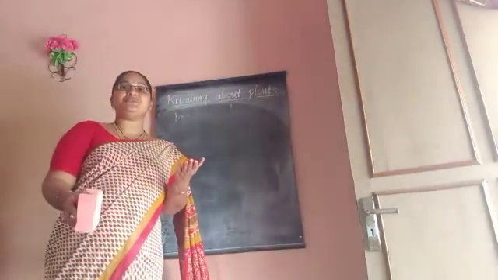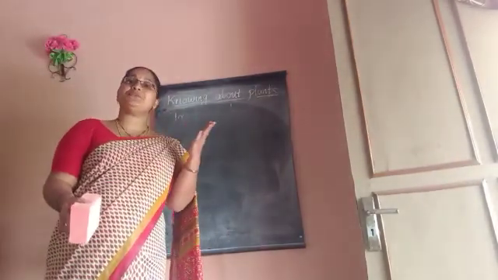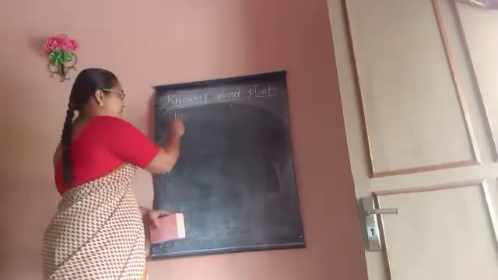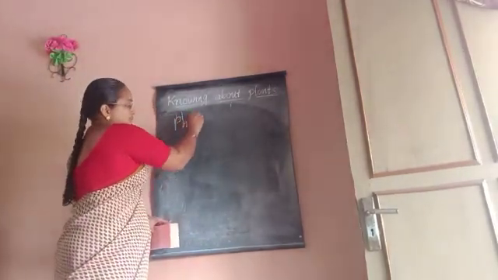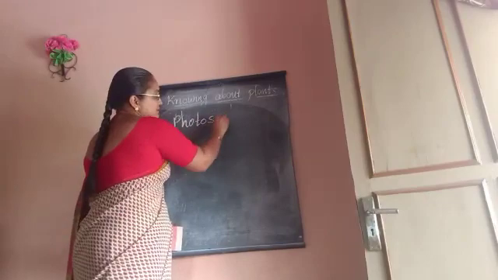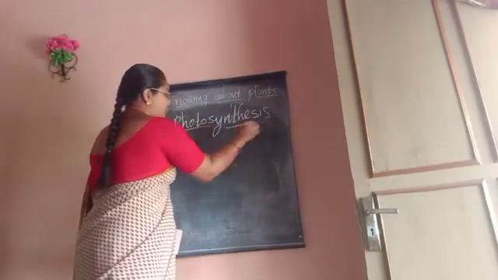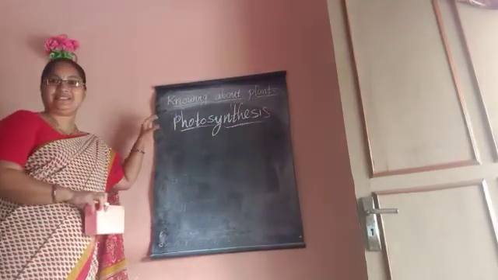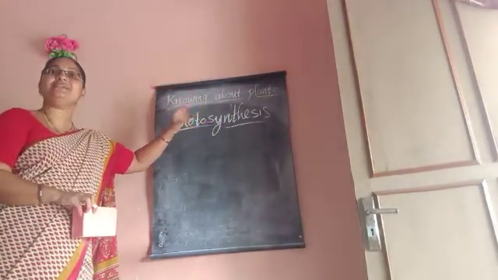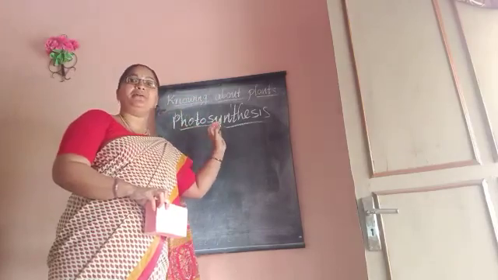And the plant's leaves prepare food by the process of photosynthesis. Photo means light, so in the presence of light, plants prepare food.